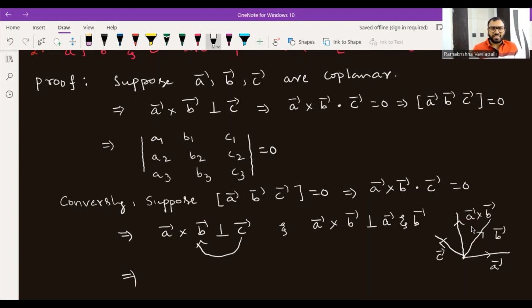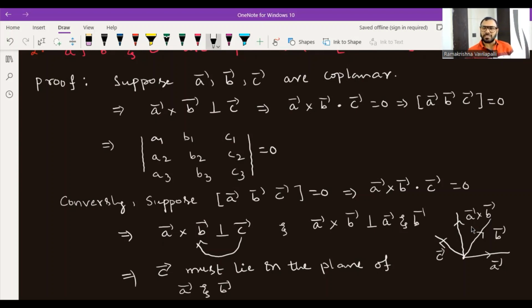So this implies C bar must lie in the plane of A bar and B bar. Because here you see A bar cross B bar is perpendicular to C bar. So this is the A bar cross B bar.